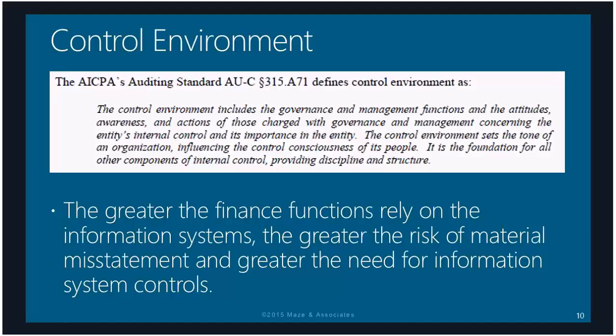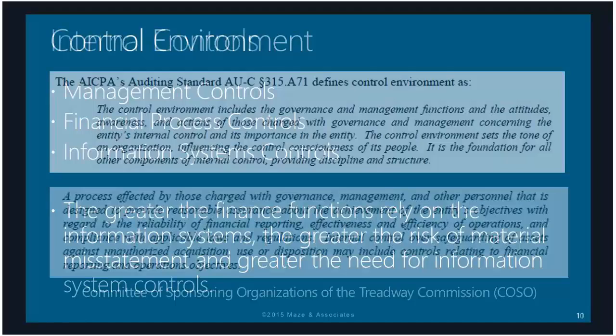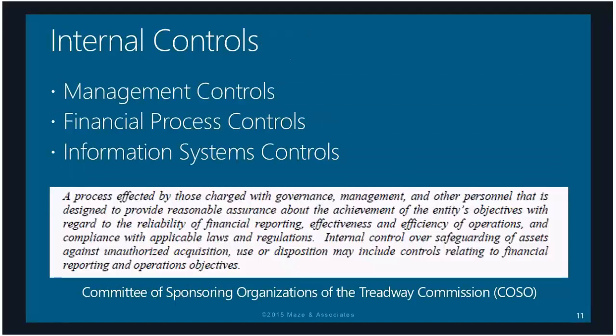The greater the financial functions rely upon those information systems, the greater the risk of material misstatement and the greater the need for information system controls. I mean, that seems logical and it follows, and it's not anything controversial, right? So if you don't agree with that, now that might be controversial, but I think most people would agree with that. So internal controls, there's different types of controls.